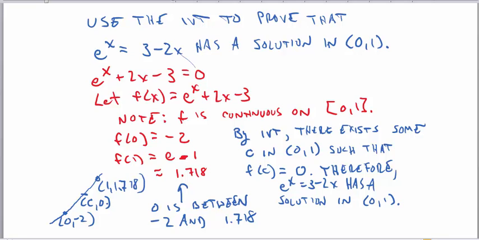It can't go from a negative to a positive without crossing 0. So there had to be some c in between 0 and 1 that would make it equal to 0. Okay? And again, that's really where the majority of the questions from this section would come from.